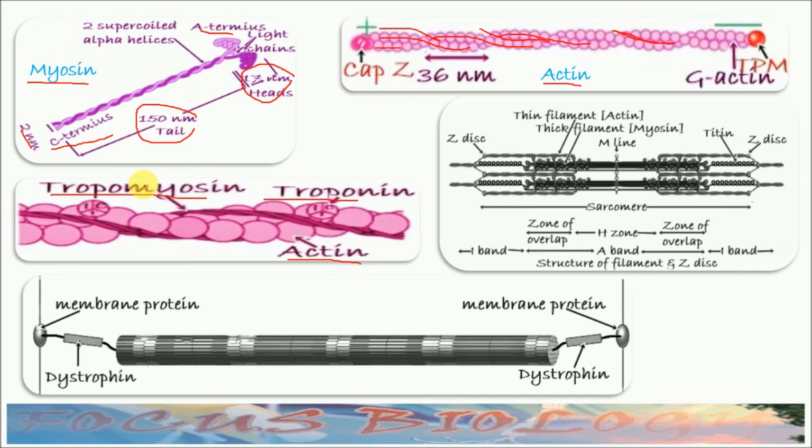And tropomyosin and troponin remain associated with the actin, G-actin molecule.